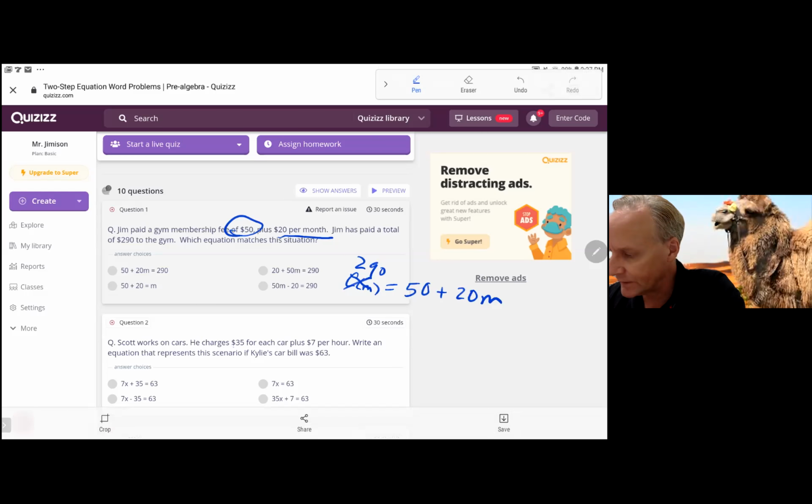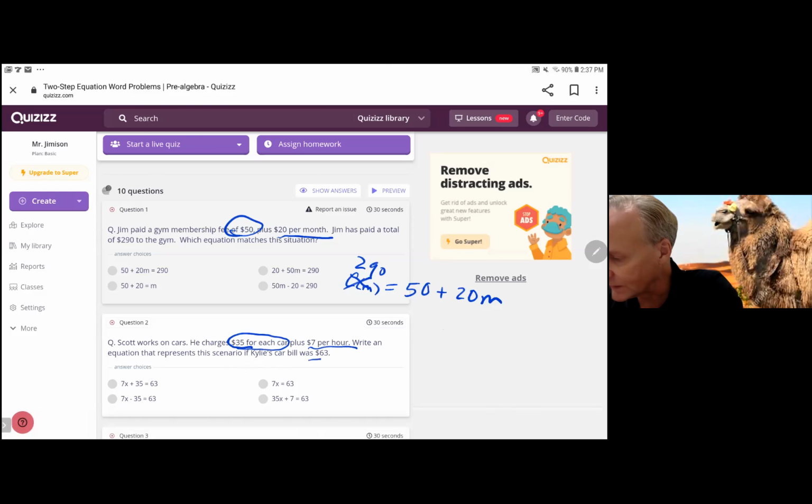This next one, it says Scott works on cars. He charges $35 for each car. That is the rate of the cost plus $7 per hour. Now, it says write an equation if Kyle's car bill was $63.